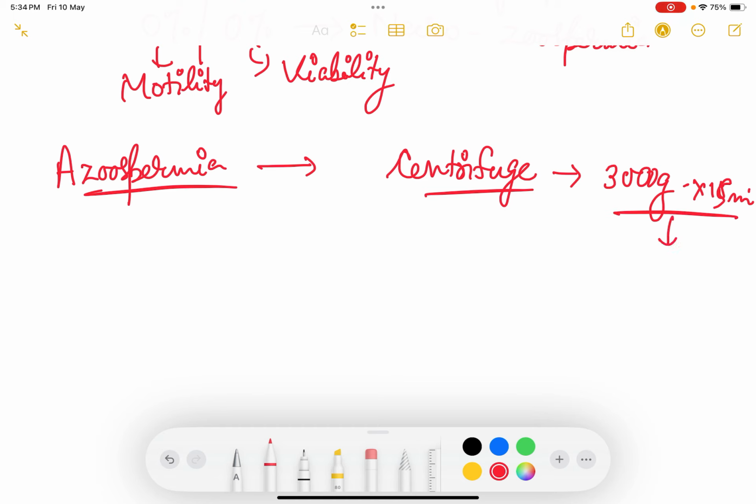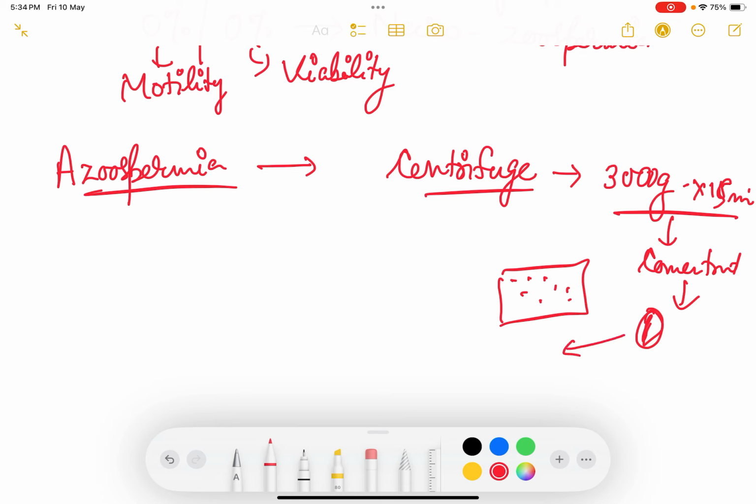Then we get a concentrated semen. In that we again put under the microscope and check what is the concentration. If still you are getting 0 or azoospermia, then you ask the patient to come in 1 to 2 days, and you take a next sample, a second sample, and again check.